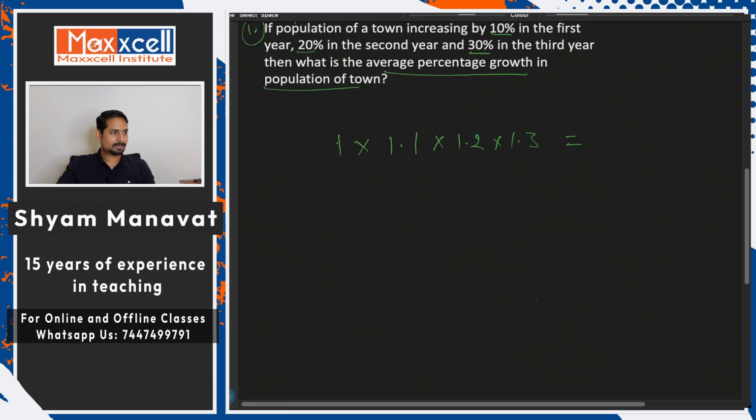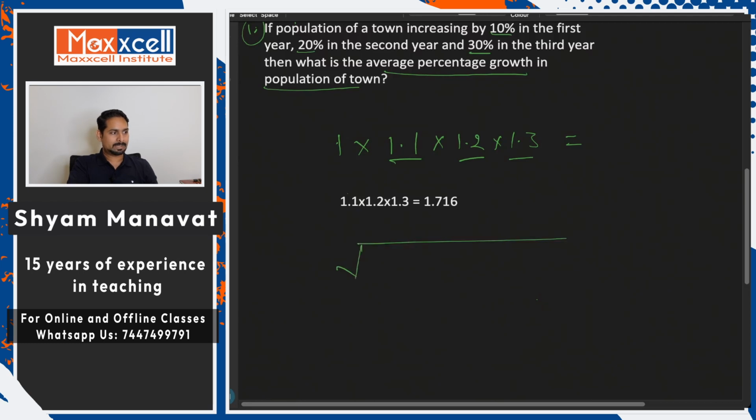So the product here will be 1.1 into 1.2 into 1.3, which equals 1.716. Then you find the cube root of this, because the number of periods is 3, you find the cube root.